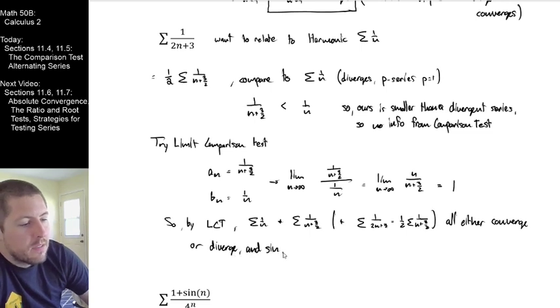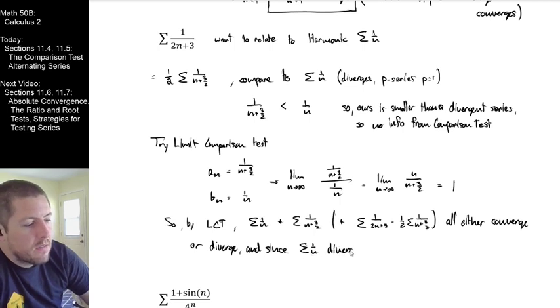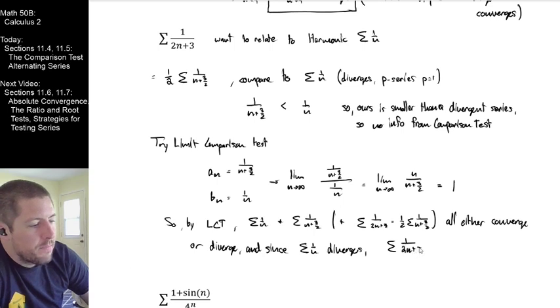And since series 1 over n diverges, the series 1 over 2n plus 3 diverges.